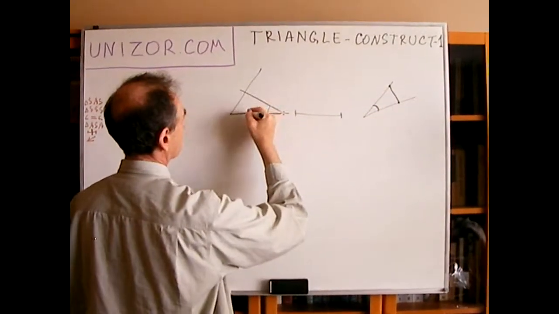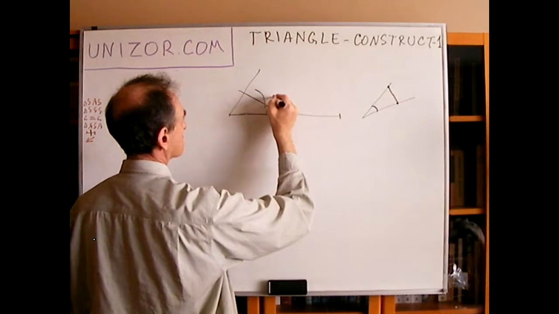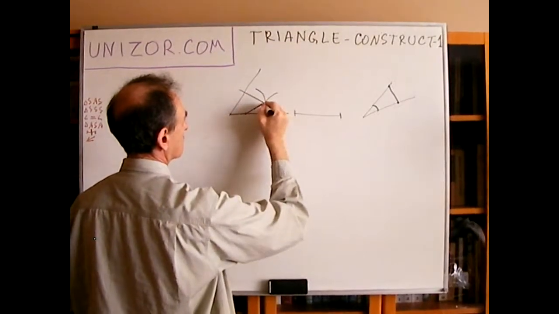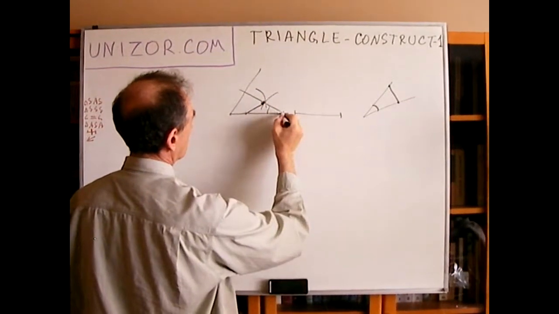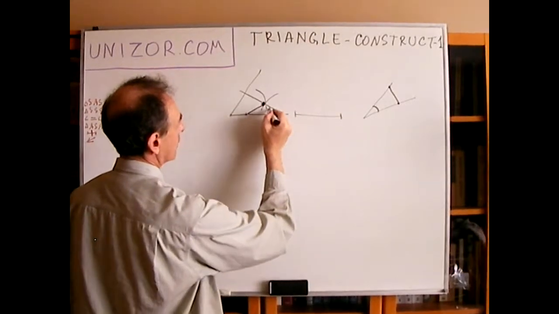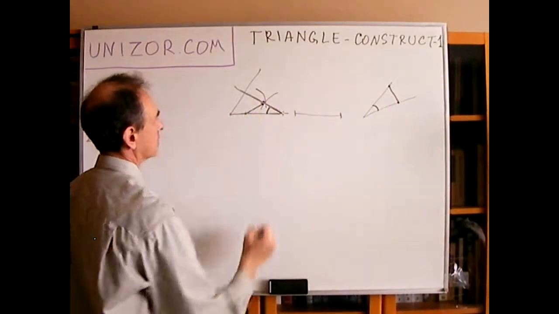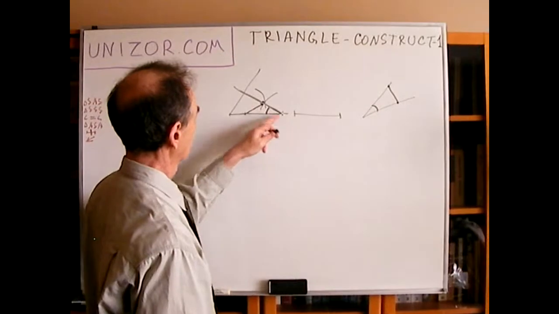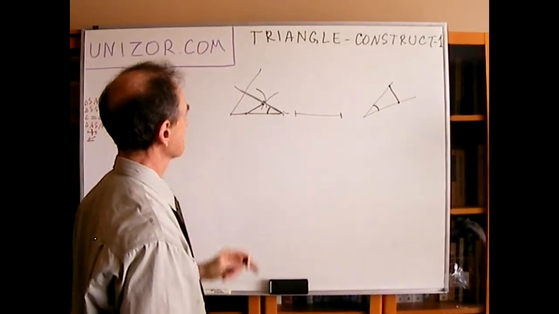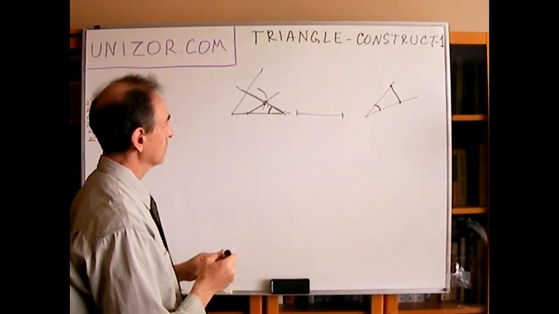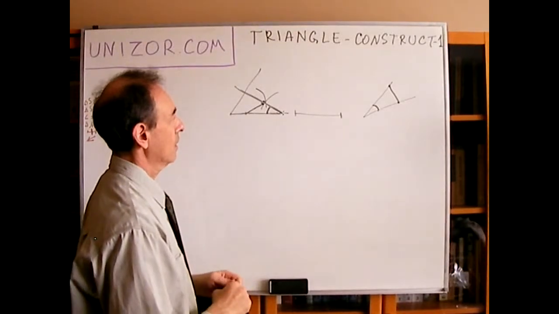So I have all these circles, they're crossing somewhere, and so I get this point and this angle, and then just continue this angle until it crosses another ray of the first angle, and then I get a triangle.